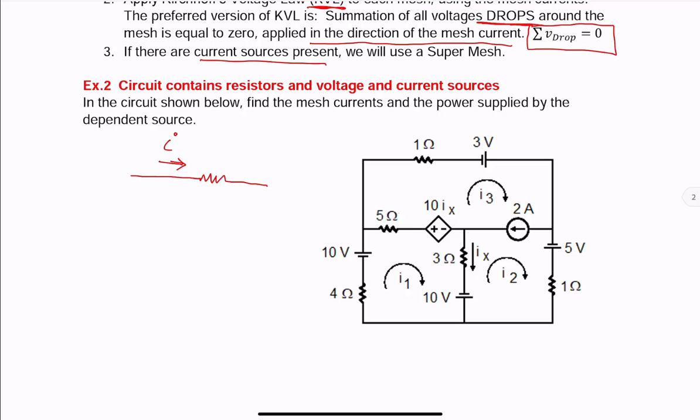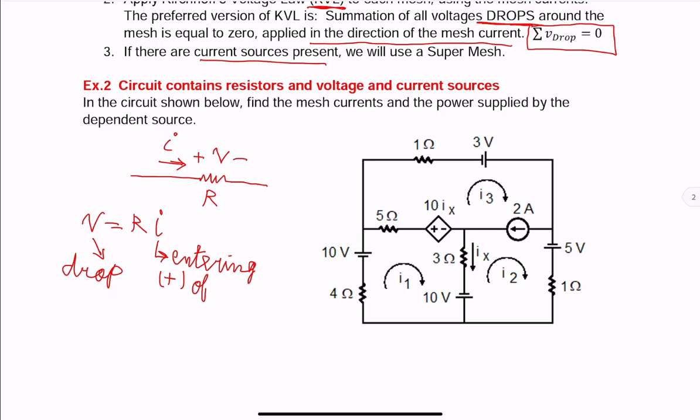If we are going in the direction of the current, voltage V across the resistor is Ri, which means voltage drop is equal to resistance times current entering the positive voltage reference of V.